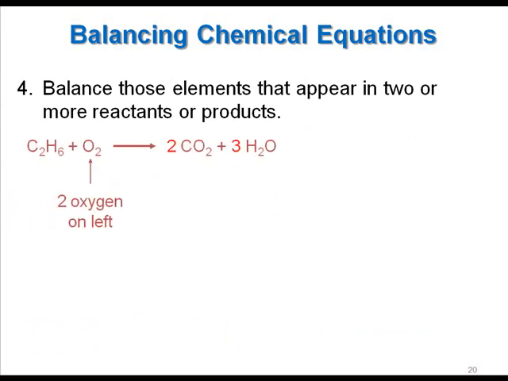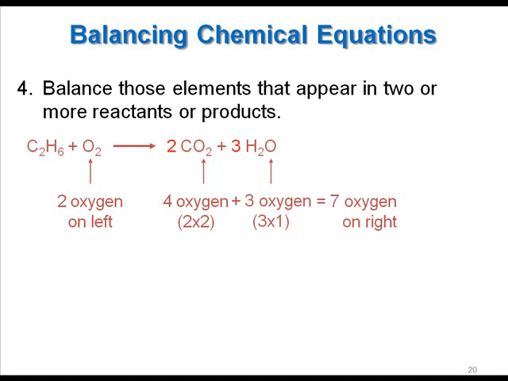You'll notice there's 2 oxygens on the left, but there's 4 oxygens from CO2, 3 oxygens from the H2O. I have 7 oxygens currently on the right. So I have to now recalibrate so I can match my oxygens.